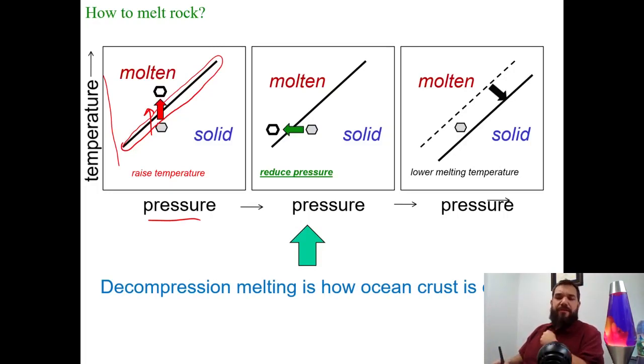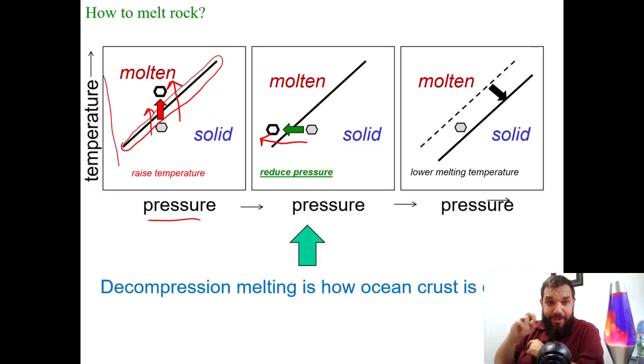So how do you melt the mantle and make new melts, make new seafloor? There's 3 ways. You can increase the temperature. But you can decrease the pressure without changing the temperature at all. Does that make sense? Does that surprise you? You can melt the mantle without changing the temperature at all.